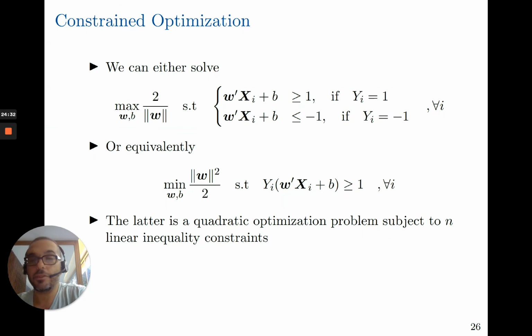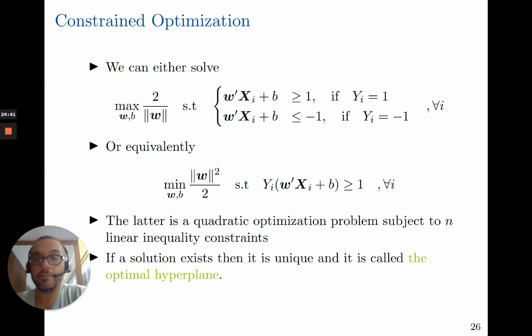This second optimization problem is a quadratic optimization problem subject to n linear inequality constraints. If a solution exists, then it's unique and it's called the optimal hyperplane. So that's the way we are going to find the optimal hyperplane.